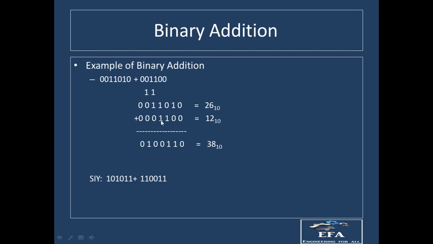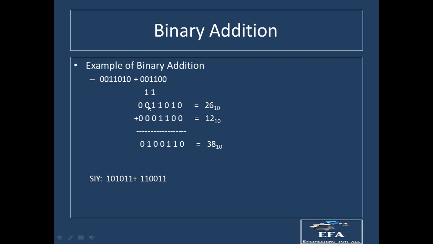So 1 plus 1 will be equal to 1 0, 0 comes here and 1 will be carried. 1 plus 1 will be equal to 1 0 again, and 1 0 plus 0 will be equal to 1 0. So 0 comes here and 1 is again carried. 1 plus 0 will be equal to 1, 1 plus 0 is equal to 1, 1 comes here. Over here we have 0 plus 0, and here we will have 0.